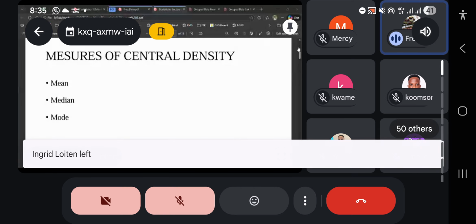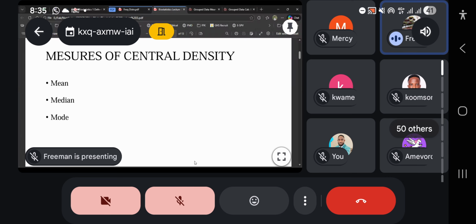We have the mean, the median, and the mode. You have forgotten, and I'm going to remind you patiently.